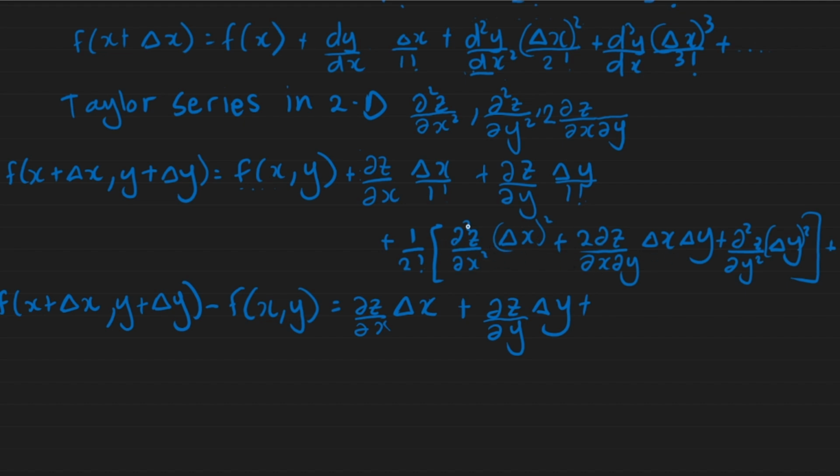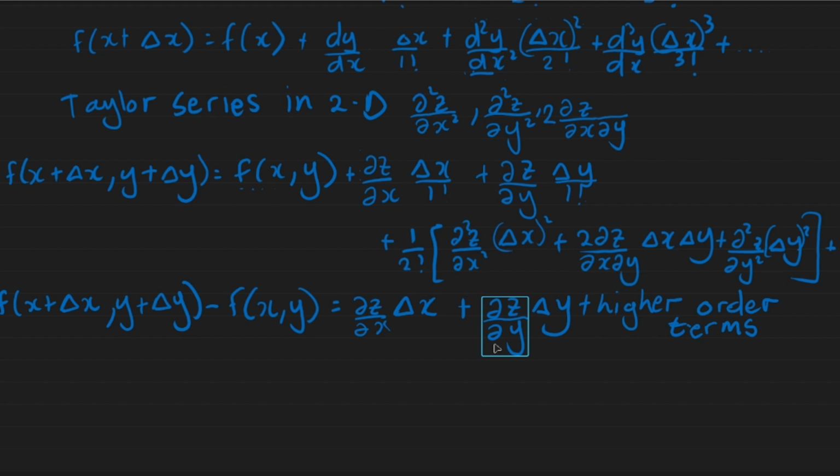So when we mean higher order terms, we mean these higher order derivatives. We'll just call it plus higher order terms. What we're going to do is start taking a limit.